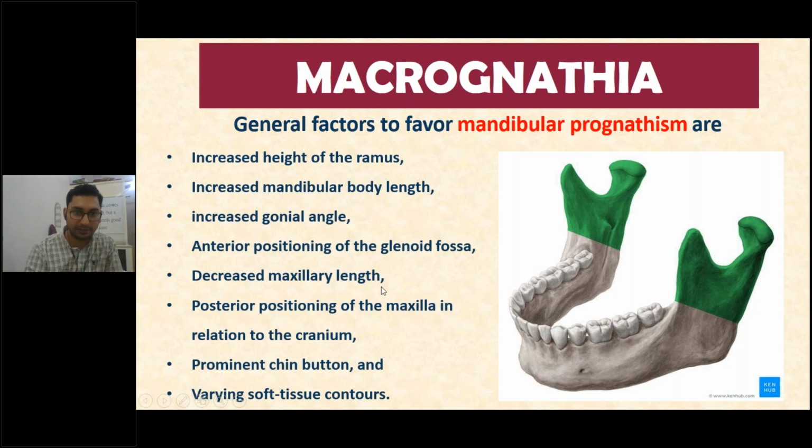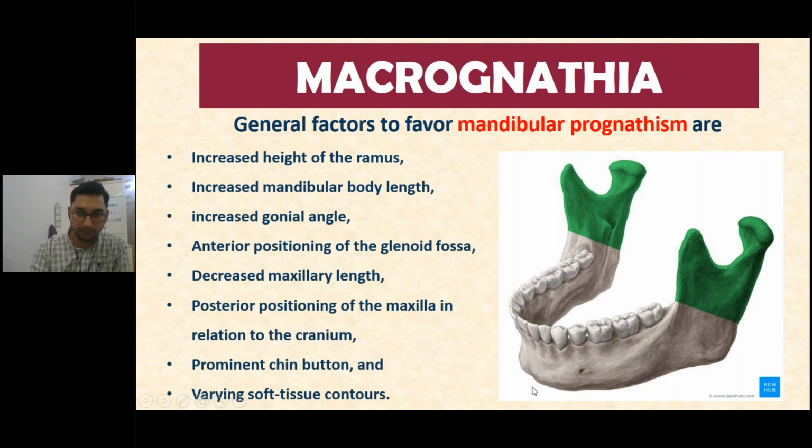Then decreased maxillary length is more a relative kind of thing. It is not the actual thing, but yes, because the mandible is larger, the maxilla appears smaller in size. Posterior positioning of maxilla in relation to the cranium, it appears so because the mandible is anterior now, and the maxilla appears as posteriorly positioned in relation to the cranium.